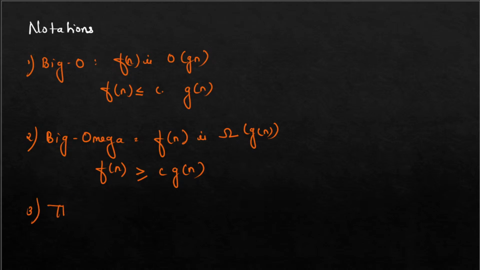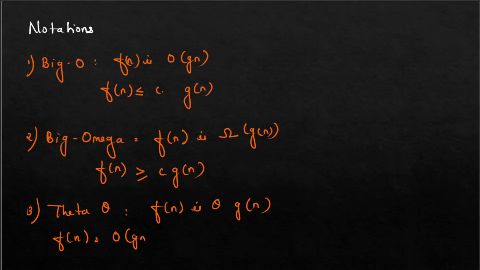Third is theta. Theta is represented when f of n is theta of g of n. What this means is that when f of n can be written as big O of g of n, and f of n can also be written as omega of g of n, then we will say that it is theta of g of n, when both sides are the same.